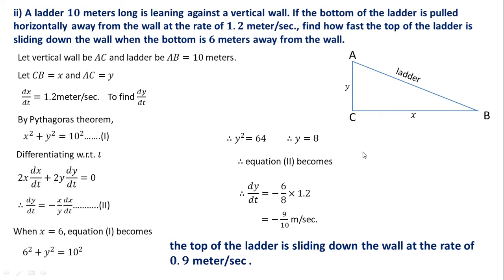Minus indicates the rate of change of y with respect to t, where the ladder is leaning in the downward direction. So the negative sign indicates the downward direction, but in the answer you can write it as 0.9 meter per second. Okay. Thank you.